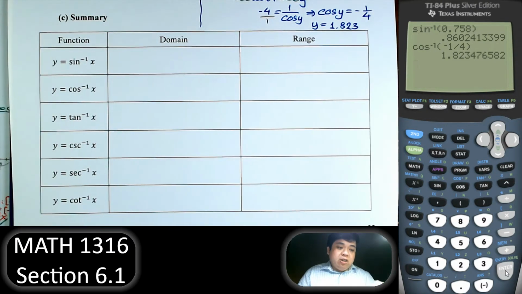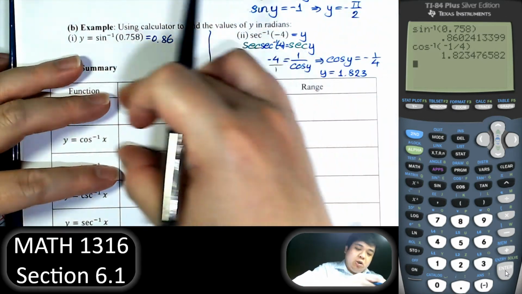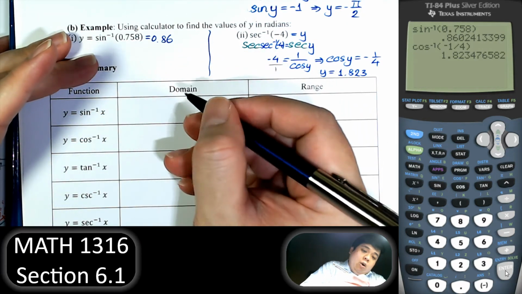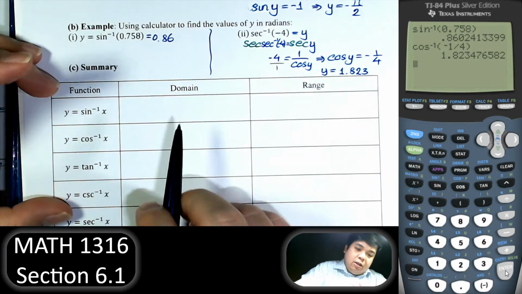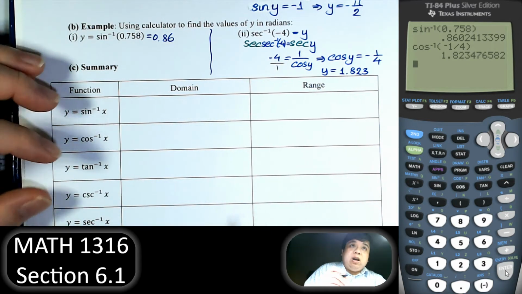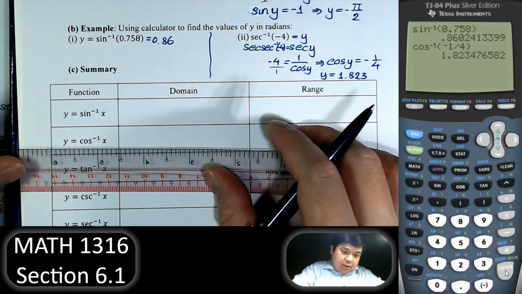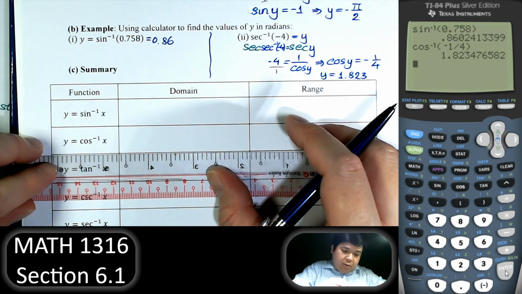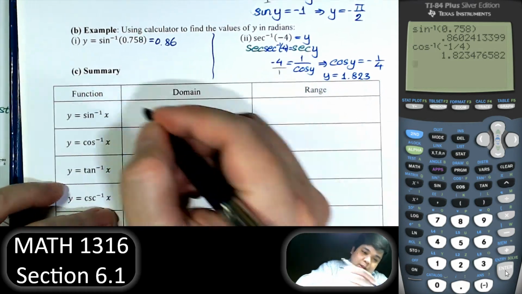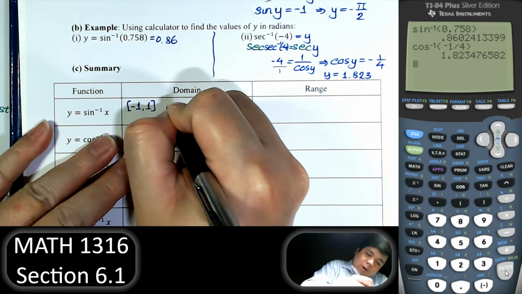For sine inverse and cosine inverse, the domain will be the same, negative 1 to 1. I will draw it on the number line.